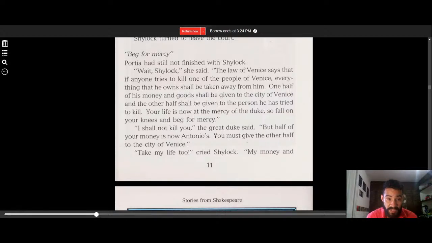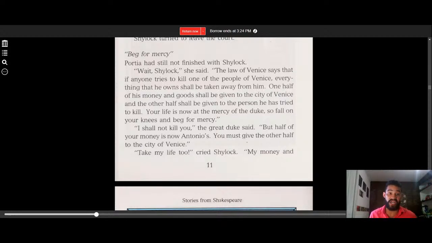One half of his money and goods shall be given to the city of Venice, and the other half shall be given to the person he has tried to kill. Your life now is at the mercy of the Duke, so fall on your knees and beg for mercy." "I shall not kill you," the great Duke said, "but half of your money is now Antonio's.